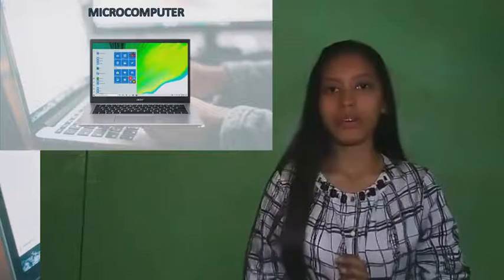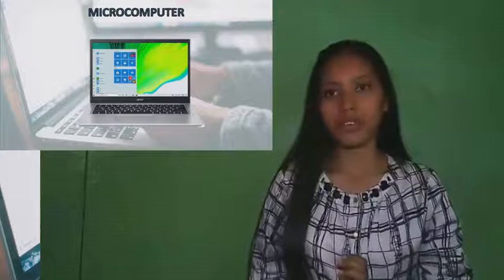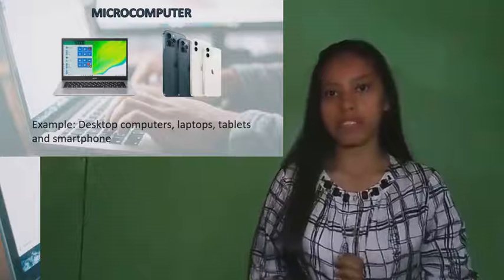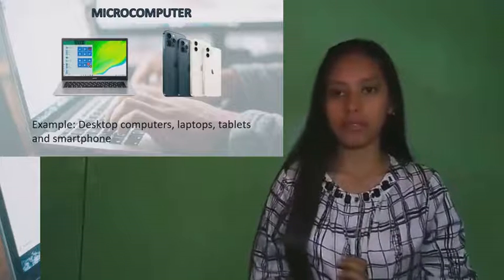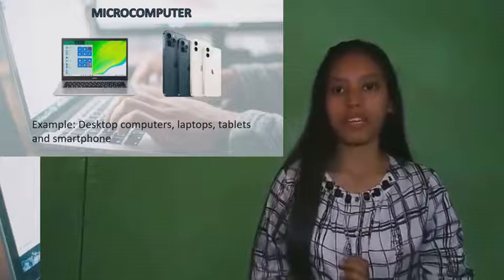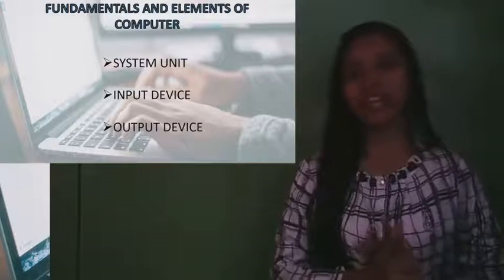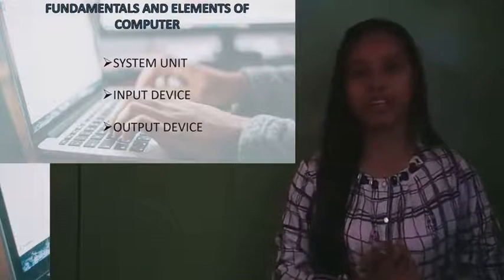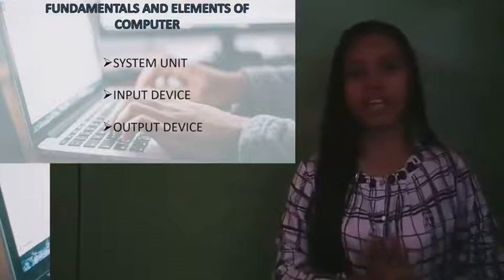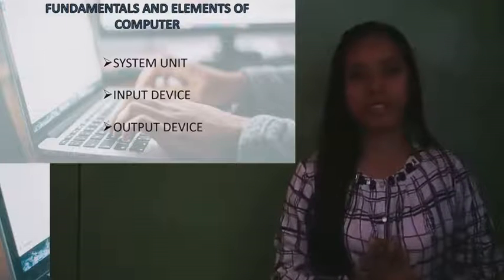Lastly is the microcomputer. They are the most widely used and fastest growing type of computer, like desktop computers, laptops, gadgets, and some smartphones. The 3 fundamental elements of the computer: system unit, input device, and output device.